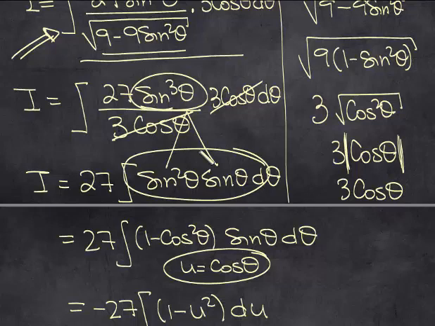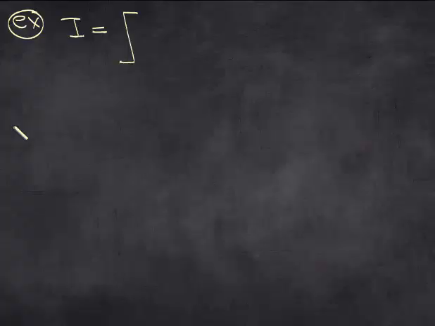So I did one for sine. Let's do one with tangents. So let's say I have the square root of 4 plus x squared over x squared dx.